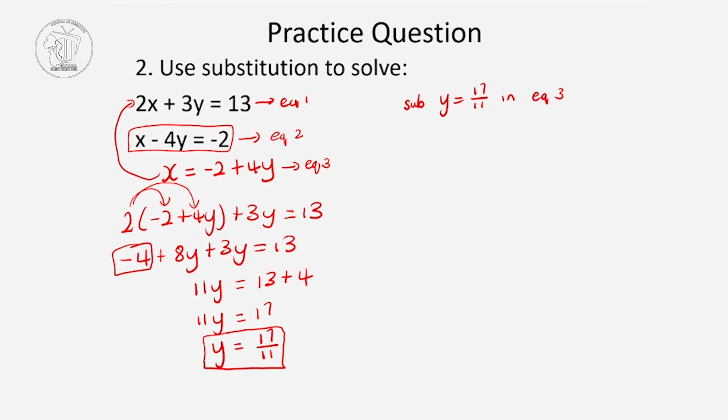Equation 3. So we'll have x is equal to negative 2 plus 4y. Instead of y, we'll have 17 over 11. So x is equal to negative 2 plus, now 4 times 17 will give us 68 over 11.